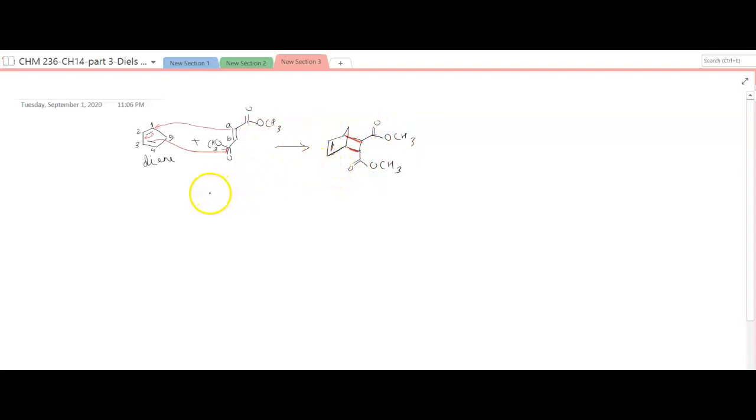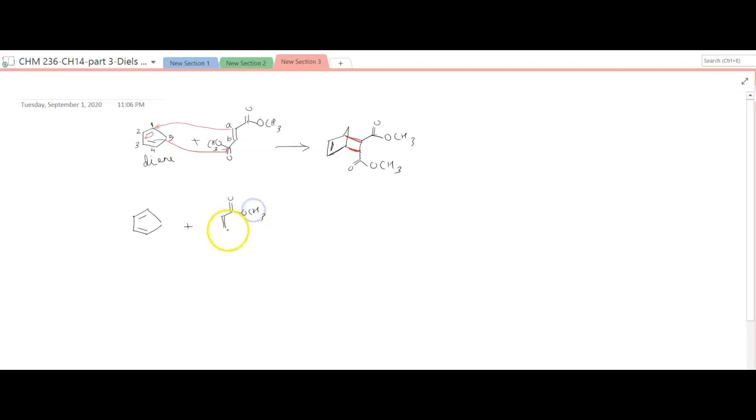Another example where we can take a similar type of example, but if you have both of them cis, both the groups cis, say for example I have a cyclopentadiene again and I react it with a dienophile with both the groups cis to each other now.